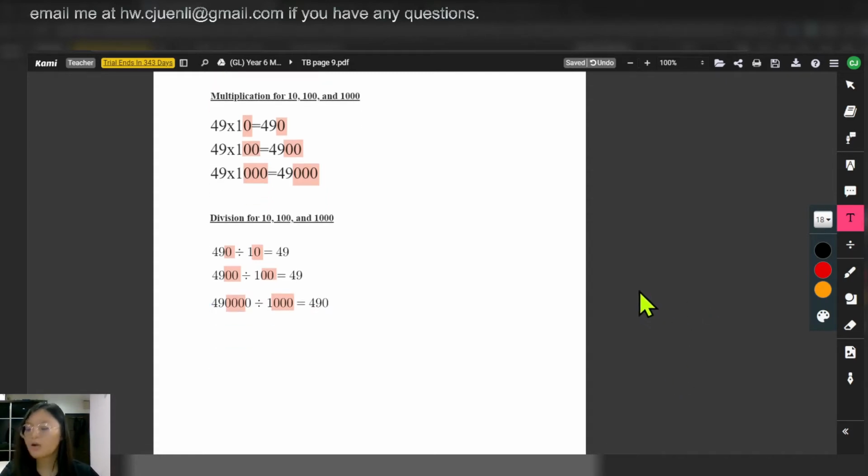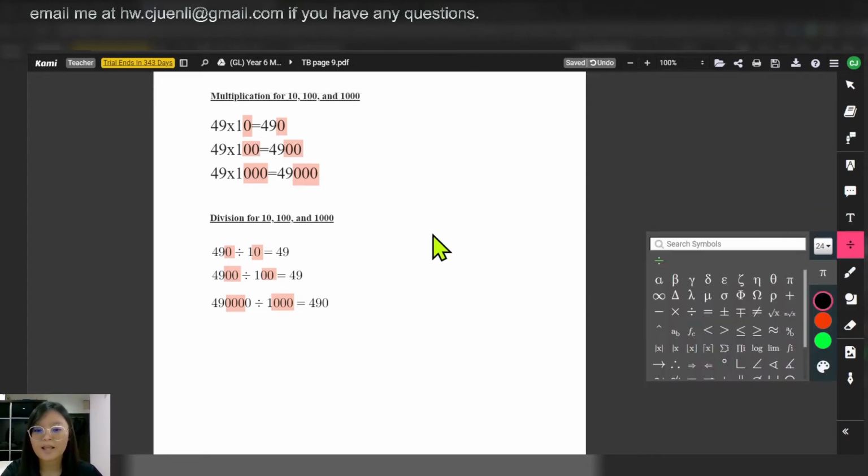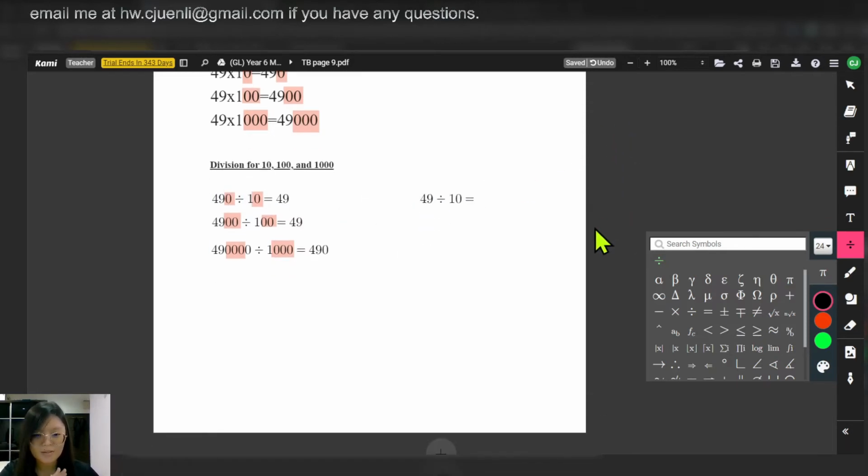Next, we're gonna look at what happens when there are decimal numbers, right? So let us put in the typical number, let's say 49 divided by 10. So now in 49, just now we had 490. There is 1 zero in it. In this case, 49, there's no zeros, right? So what do we do? We make it into a decimal number.